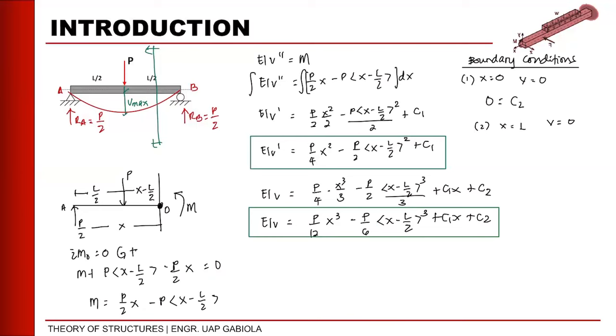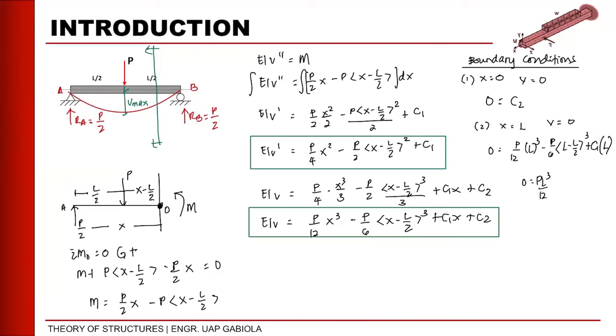So, gamitin natin ulit yun. So, yung EIV natin will be 0. This will be P over 12, and then, this will be L cubed. Okay? Minus P over 6. Substitute natin, L minus L over 2, cubed. Plus, C1 natin, yun yung unknown, and then, x times L. C2 natin is 0 na, no? So, simplify natin to. We have 0 is equals to PL cube over 12.